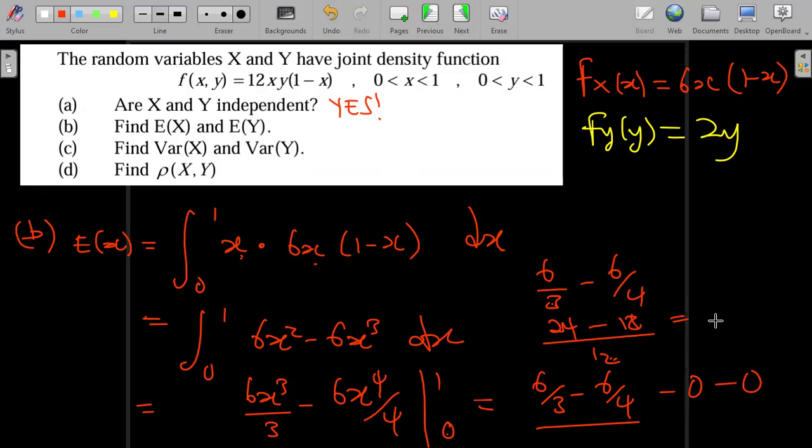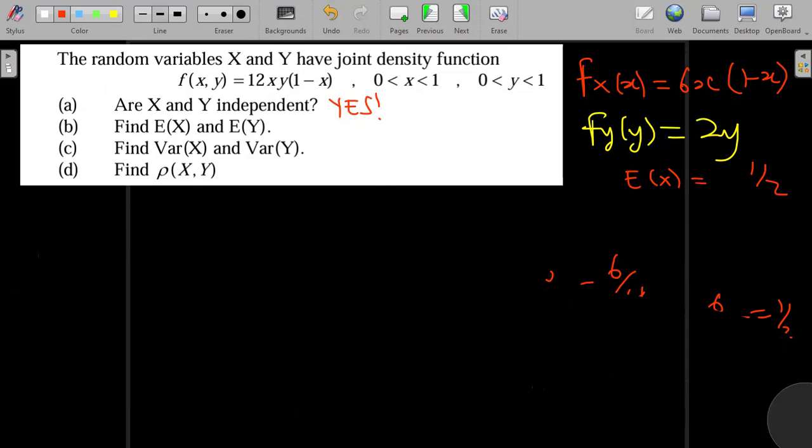So this is going to be equal to 24 minus 18. Okay, 24 minus 18 is going to give me 6 over 12. So this will just be 1 over 2. So it means the expected of x is just going to be equal to 1 over 2.